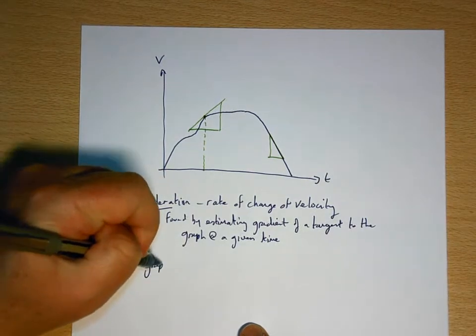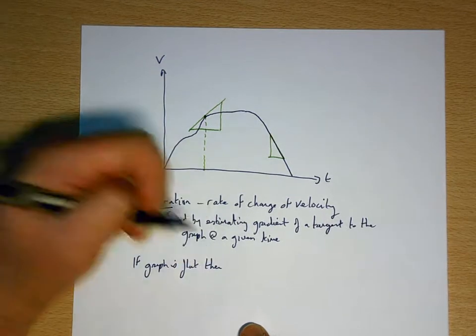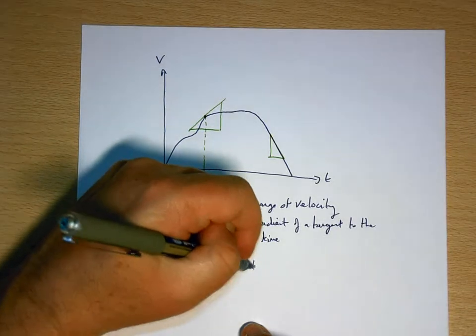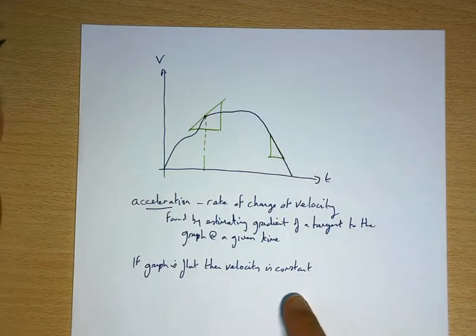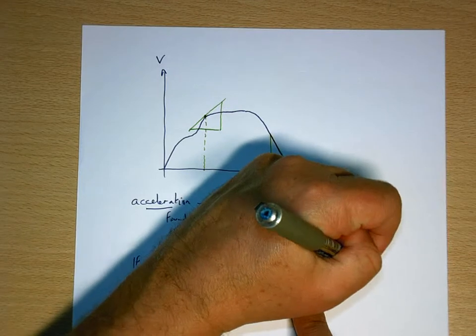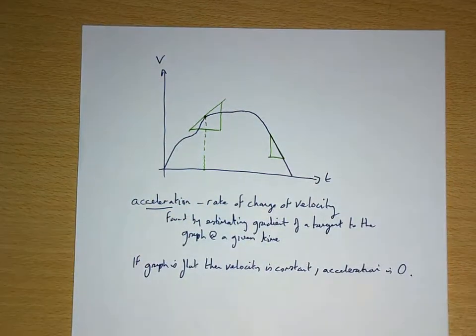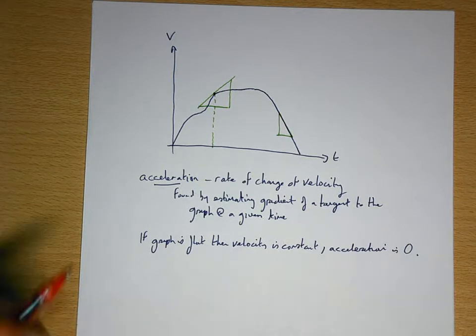So if the graph is flat, then velocity is constant. Acceleration is 0. It's not accelerating.